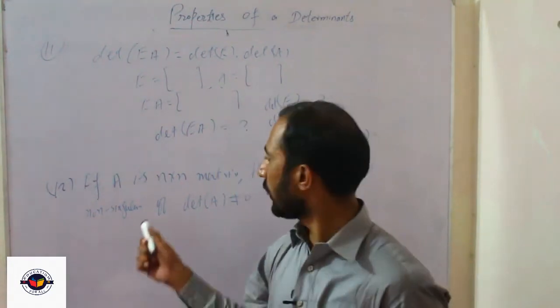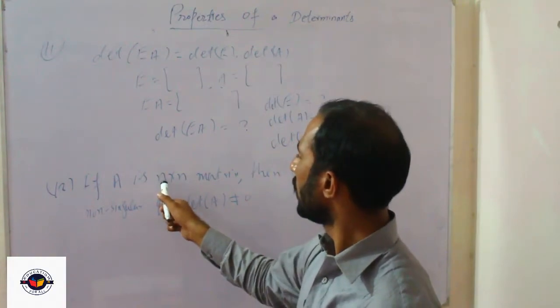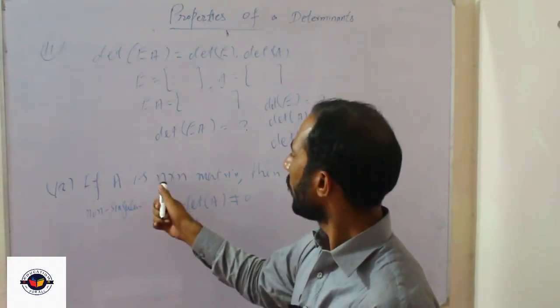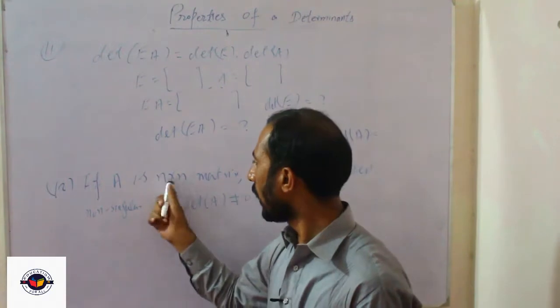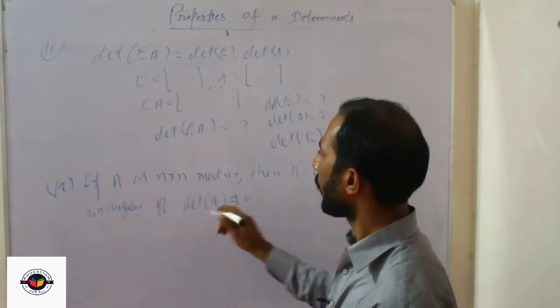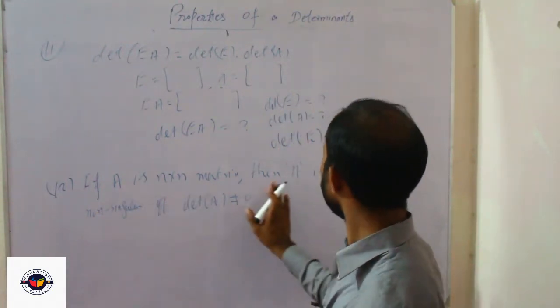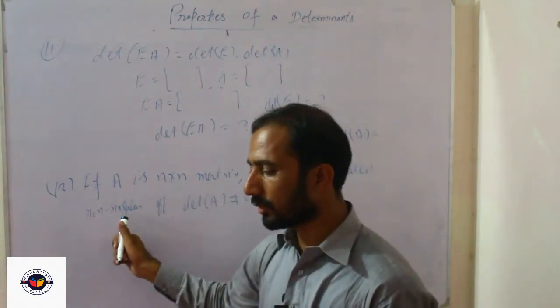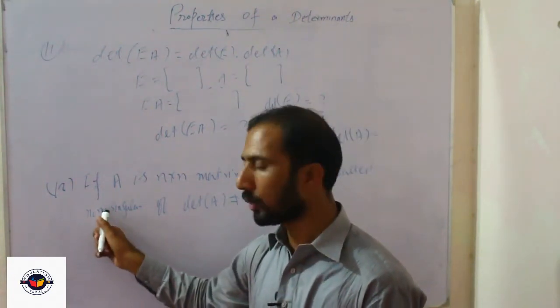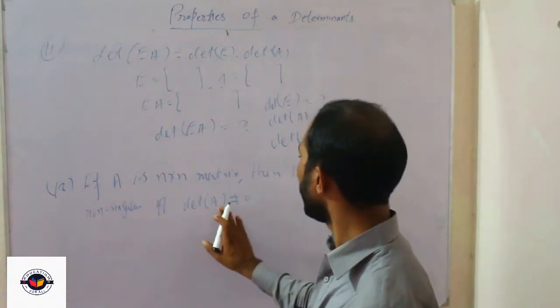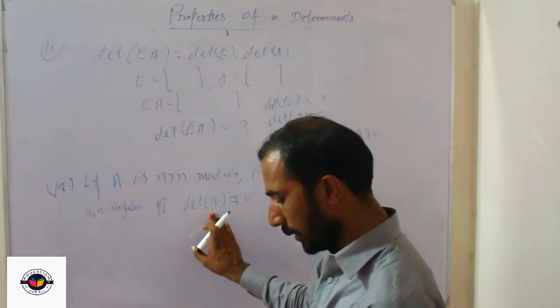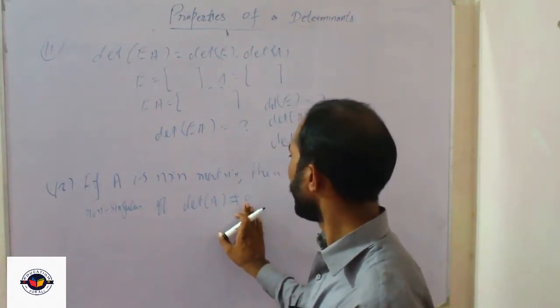It means that we have a square matrix whose number of rows and number of columns are equal, and property number 12 says that this matrix A will be known as a non-singular matrix if the determinant of A is non-zero.